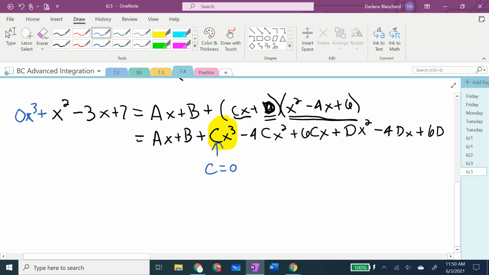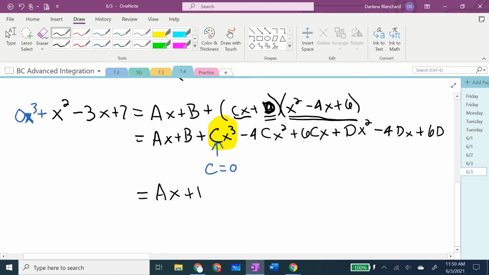Does everyone see that? If I don't have that term on the left side, then the coefficient is 0. Now, with knowing that c is 0, I'm going to pop that in so that I have less to work with.